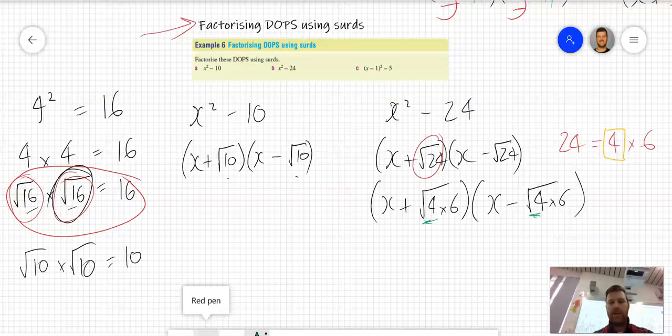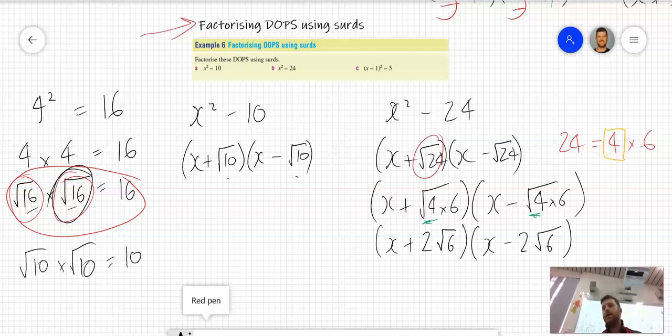So I can rewrite this now as, I know this is a little bit confusing guys, so bear with me, x plus, instead of root 4, I've got 2 times root 6. And then x take 2 times root 6. Okay, so that's how we're simplifying a surd.